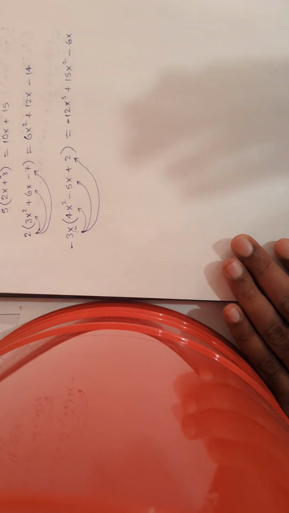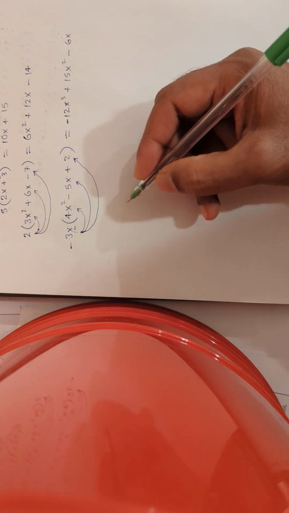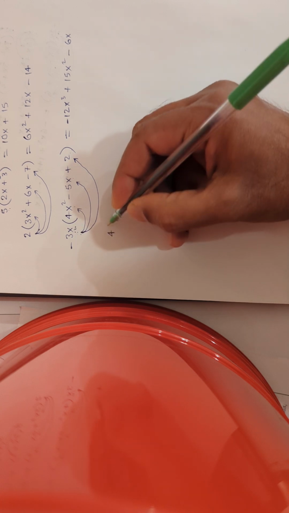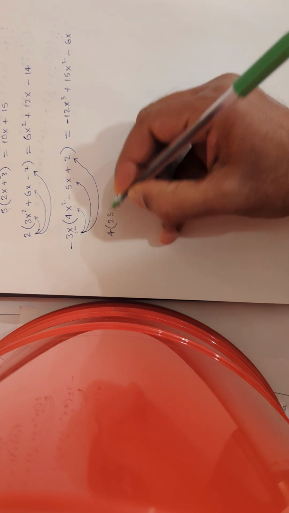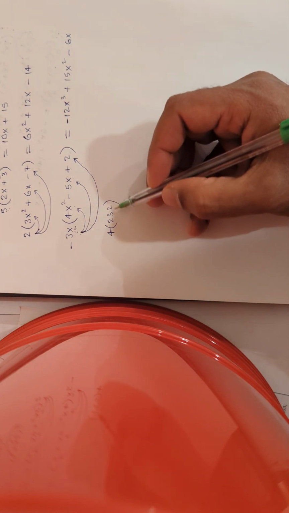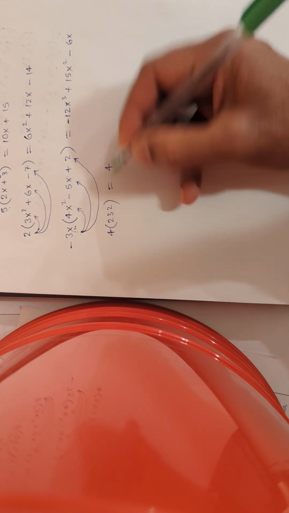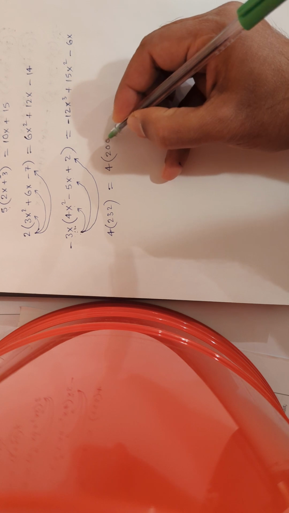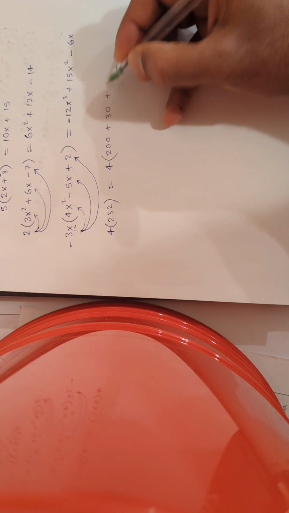Now, distributive property could be useful in some cases. Say you have to multiply 4 times 232. Now, this is a pretty big number, but we can certainly break down the 232 as 200 plus 30 plus 2.